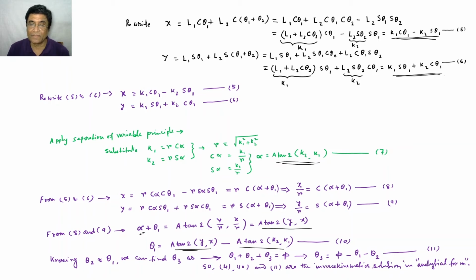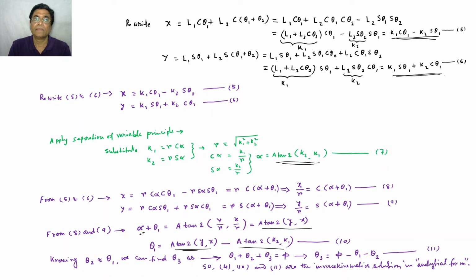I hope you understand. If not, then come to the discussion forum or write a comment, and I will try to clarify. This is very elegant, very important. Now you know how to compute the inverse kinematics solution for any given robot, methodically, starting from attaching coordinate frames, drawing the DH table, generating the individual matrices, and then multiplying them together, figuring out the manipulator model, where the left hand side is known.